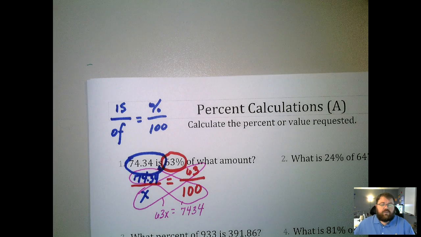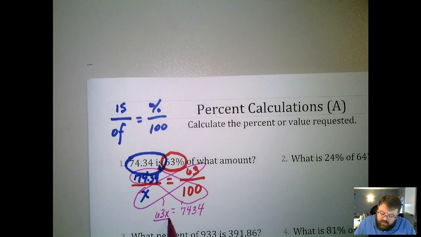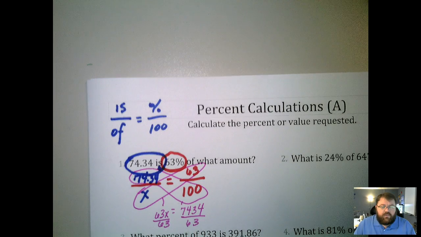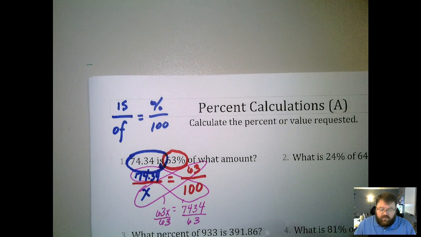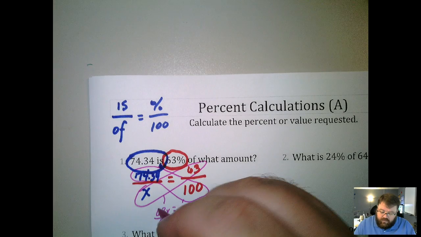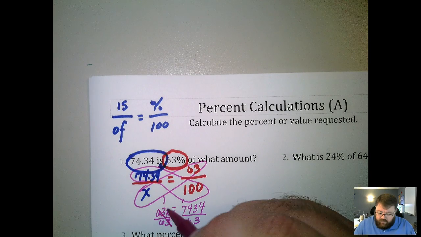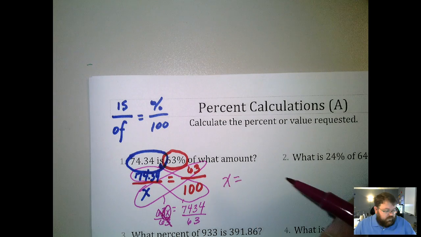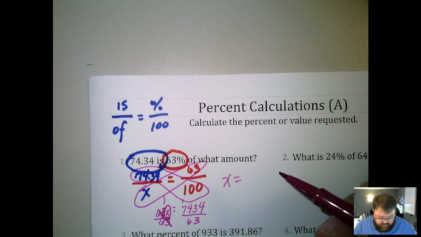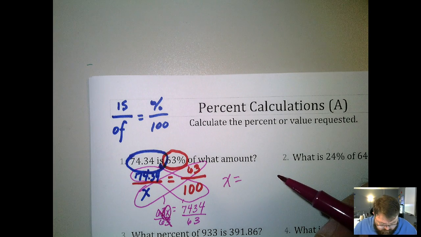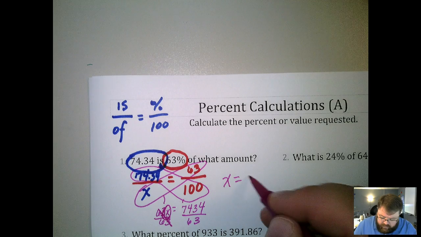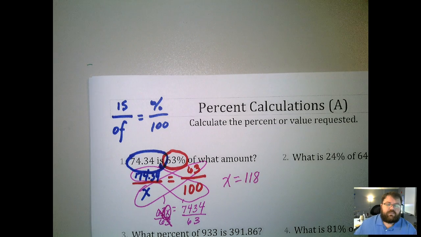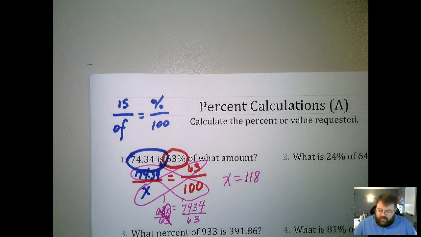And then I'm going to divide both sides by 63. 63 divided by 63 is 1, so we would say that those cancel. It leaves you with your variable x is equal to 7434 divided by 63. That gives me 118 is the value of x.